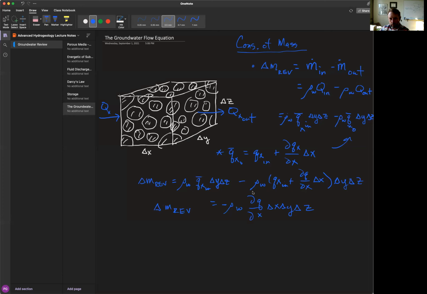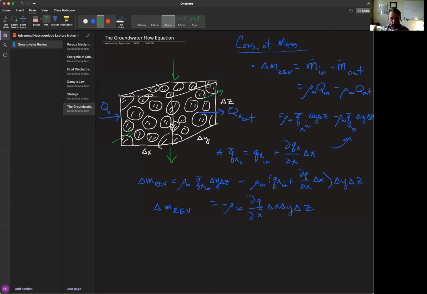Okay. All right. So turns out I can do that for all of my directions. So I've got flow in and flow out in the z direction, and in and out in the y direction.